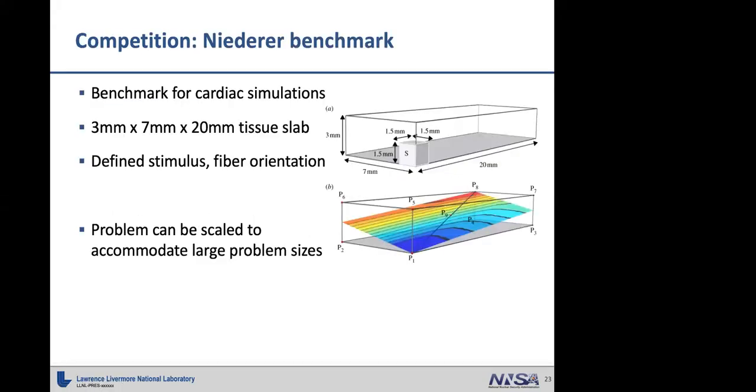So for the actual benchmark, I'm going to be running you through the Niederer benchmark. It is a specified system where you take a slab of tissue that's 3 millimeters by 7 millimeters by 20 millimeters. The fiber orientation is defined and the stimulus is defined, and you stimulate it and see how the wave propagates.